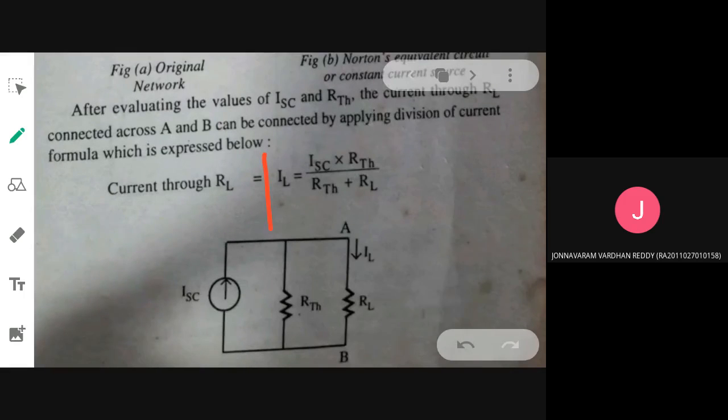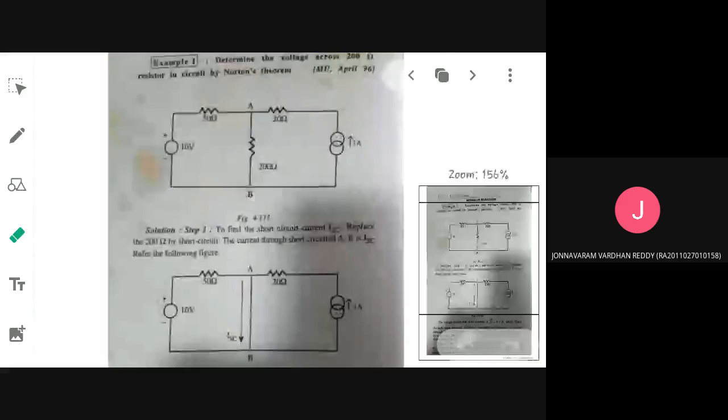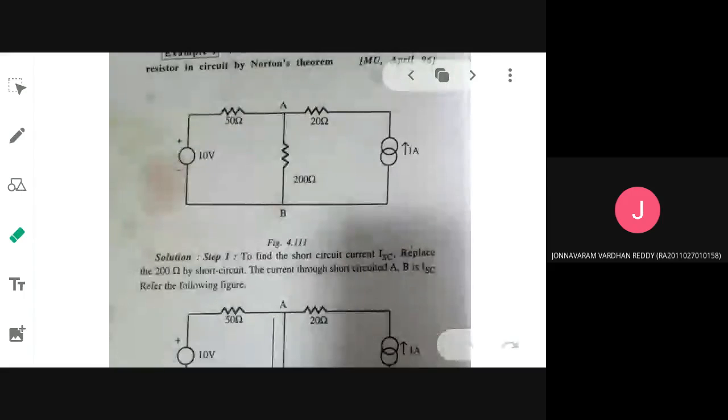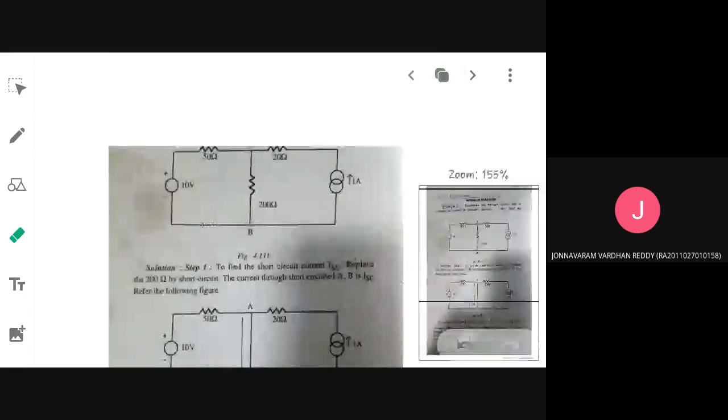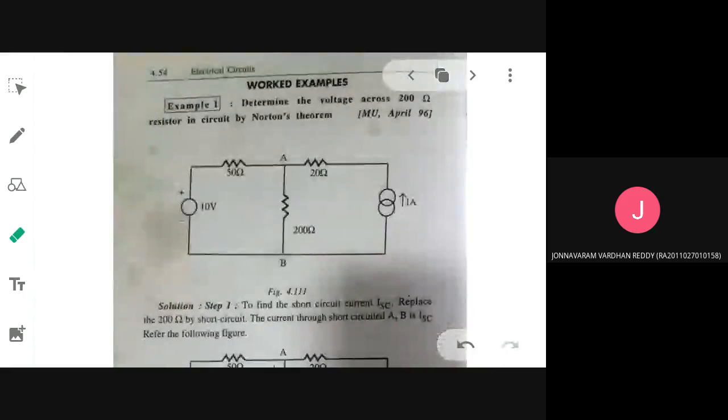Now we'll move on to the problem section. Take down the problem. What have they asked you to determine as per this problem? Read the problem statement.